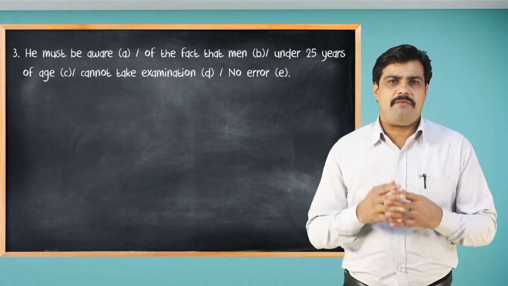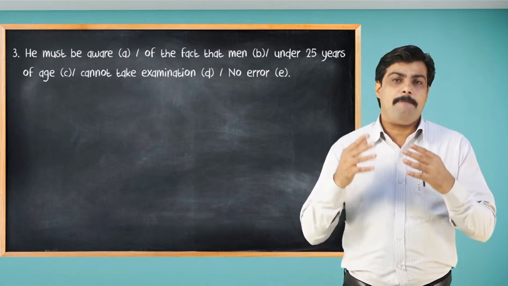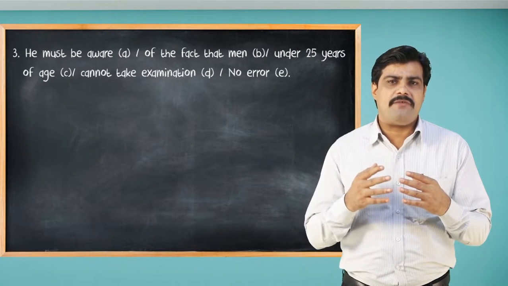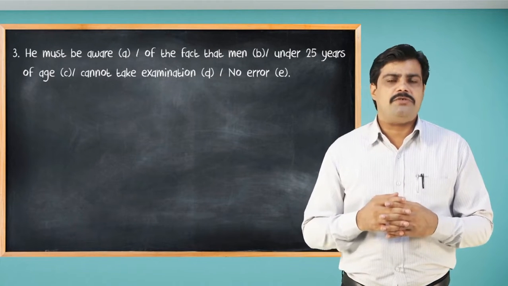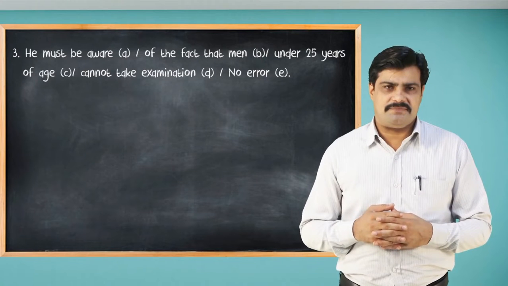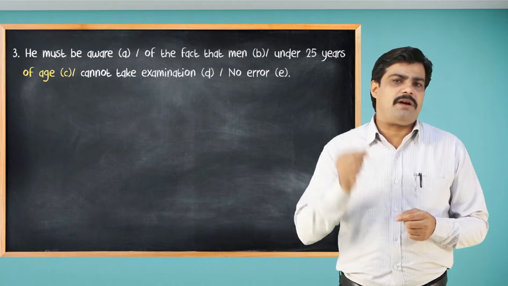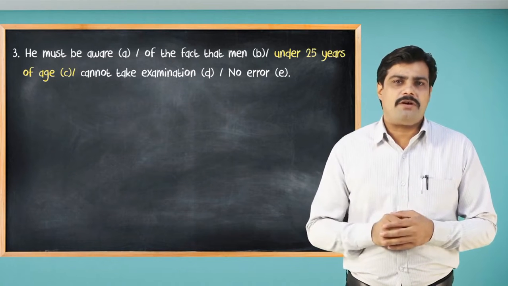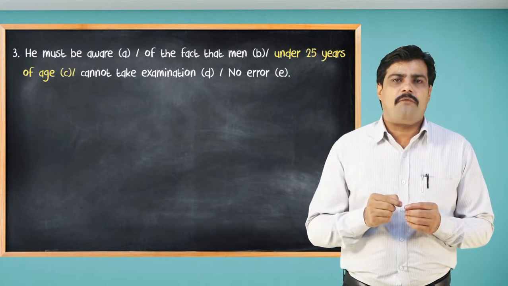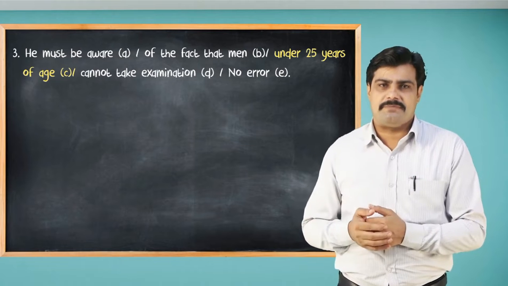He must be aware of the fact that men under 25 years of age cannot take examination. Now in the sentence, preposition under in part C is wrong because it is used for vertical relationship.